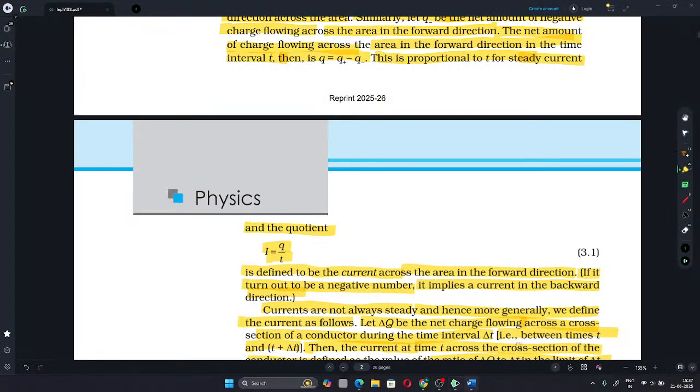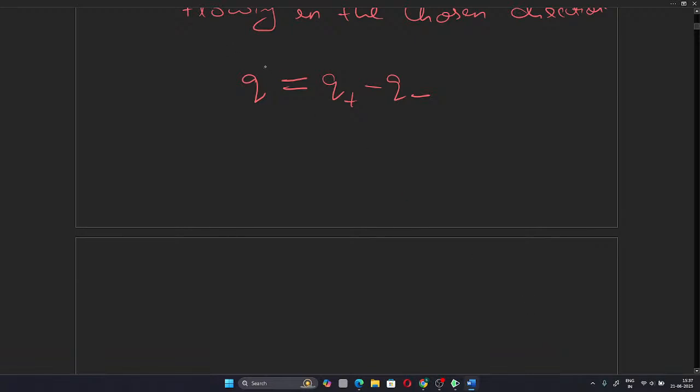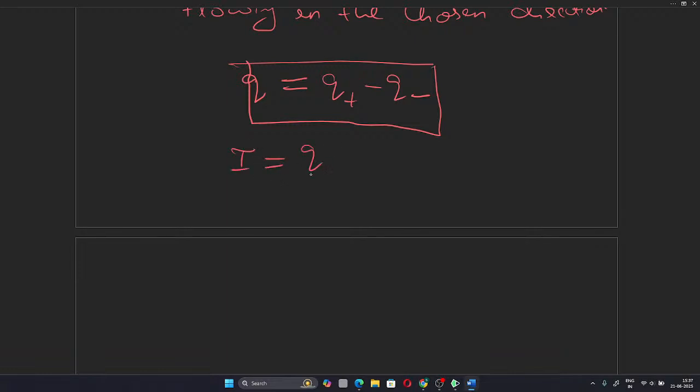If this is the total charge for steady currents, then the current I will be equal to Q by T, where T is the time taken.